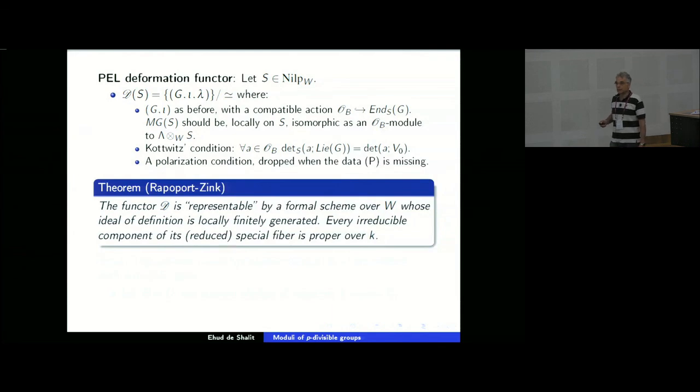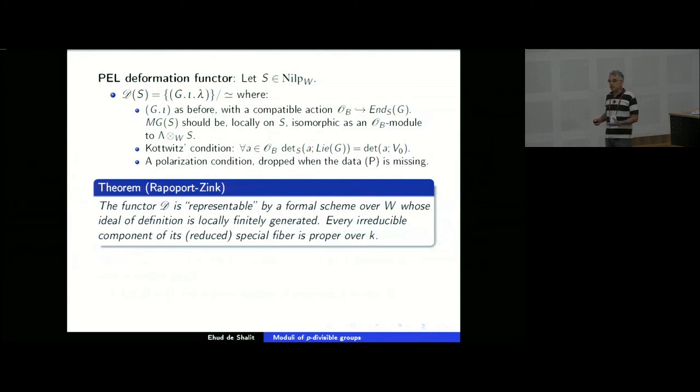And in addition, we want to add a condition that is empty when OB is just Z_p, and we want to add some signature condition telling you how the elements of OB behave when they act on the Lie algebra.